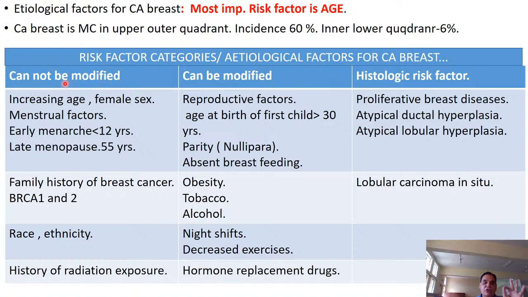So what cannot be modified? Increasing age cannot be modified. Menstrual factors: age at menarche less than 12 years, late menopause above 55 years. These factors also cannot be modified. Family history, BRCA 1 and 2, cannot be modified. Race and ethnicity cannot be modified. And if there is a history of radiation exposure, you cannot modify it, you have to face it.